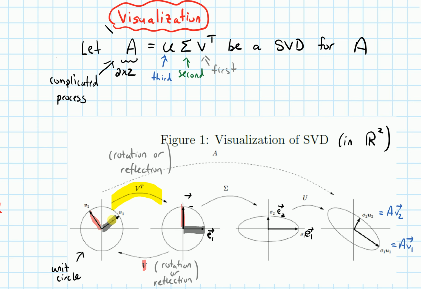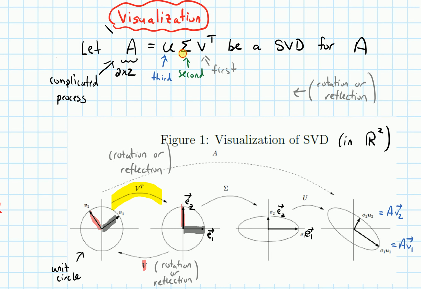It's taking these vectors V1 and V2 and mapping them back to E1 and E2. Let's go ahead and write E2 back in. So V transpose, the first thing that's happening here is it's either a rotation or a reflection. That happens first.